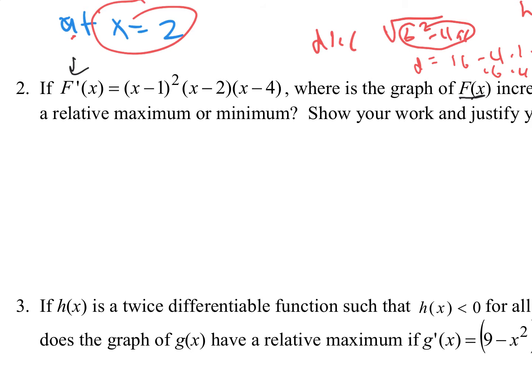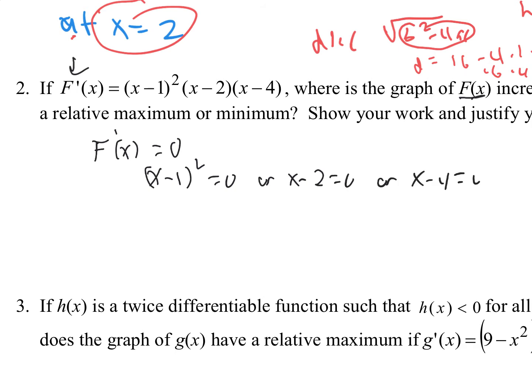I just got to worry about my critical numbers again. F prime of x equals 0. So literally, I don't even have to write it out again. It's already factored. I can say x minus 1 squared equals 0, or x minus 2 is equal to 0, or x minus 4 is equal to 0.